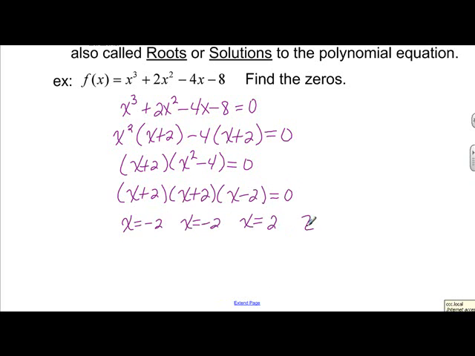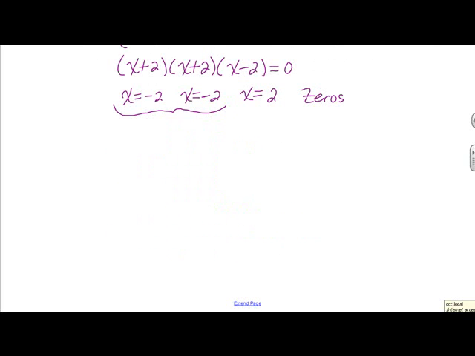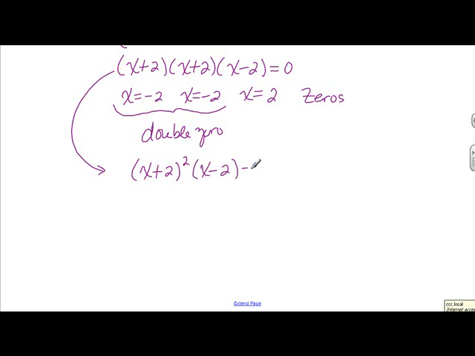Now, when you've got a 0 that repeats, because that 0, x equal negative 2, is used twice, we say that's a double 0. Now, we could write that polynomial function because x plus 2 is multiplied by itself. It's used twice. We could rewrite that function this way. And the fact that the factor x plus 2 is used twice indicates that we're going to have a double 0.